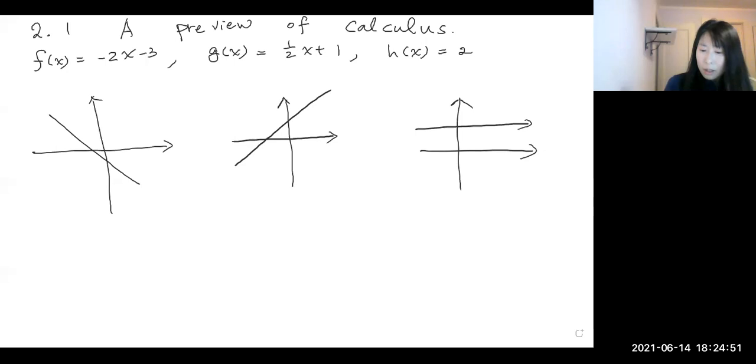Then they're telling us the slope, right? Which one is the slope in the first one? -2. So this is a slope.